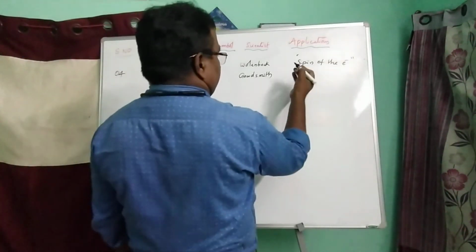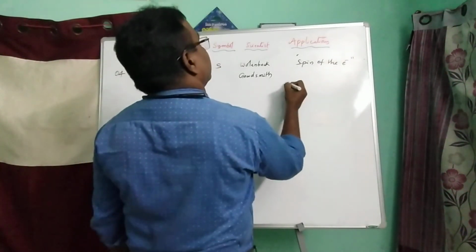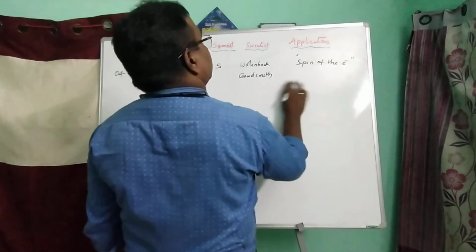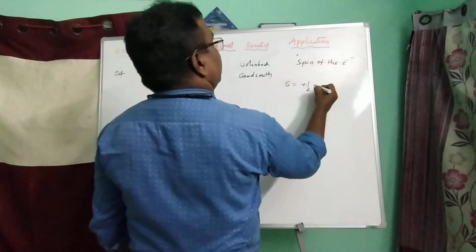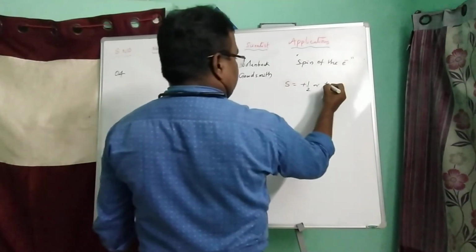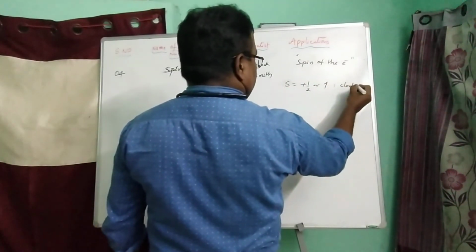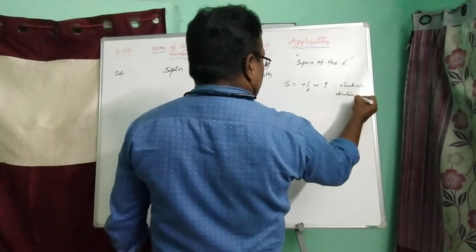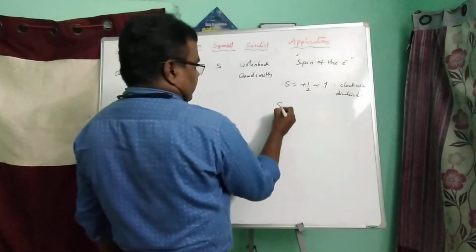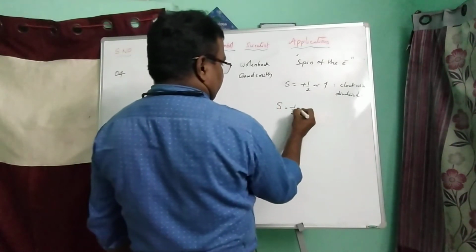So electron has two spins. First one, if S is equal to plus half, that is the upward arrow mark, it represents the clockwise direction of the electron.